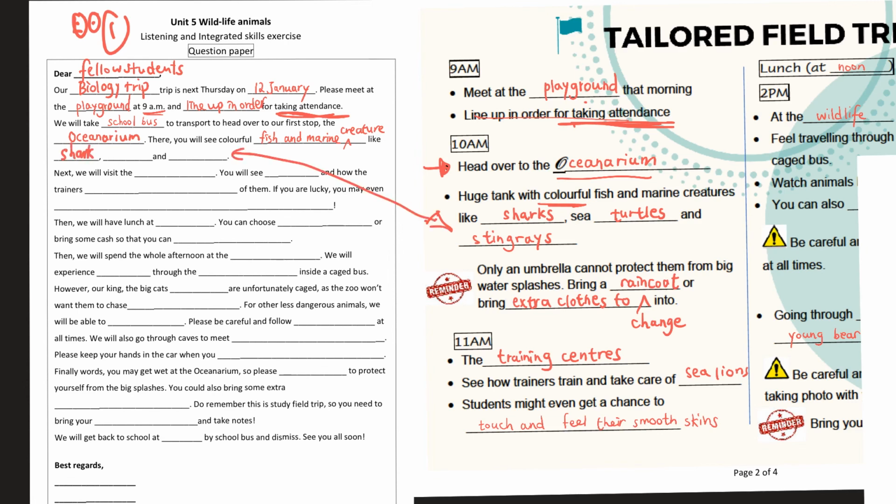Everything is copy and paste. You will always wish to have your keyboard with you. You wish to have the control button with you when you do the listening and integrated task. Well, sea turtles, and if you still remember the stingrays, it's you know, 魔鬼魚.